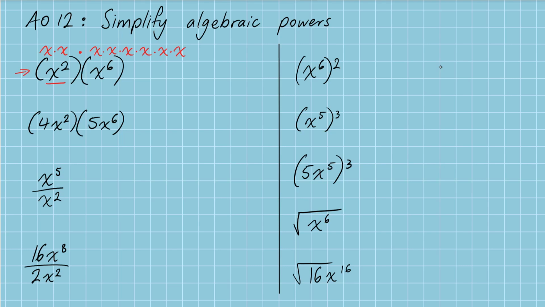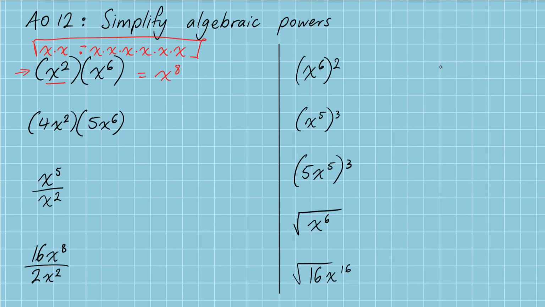what you're essentially doing is you could just rewrite it like this. Now, just for clarification's sake, where I've put the little dots in between, I'm using that to replace the multiplication sign because it would look a little weird if it was x times x. So we're multiplying these two values, x squared and x to the power of 6, and what you can see is you've essentially got x to the power of 8.